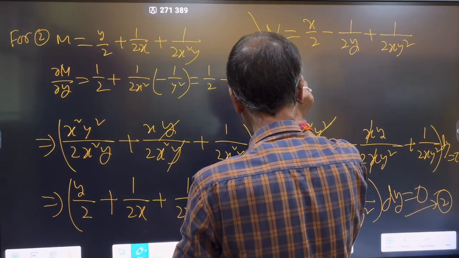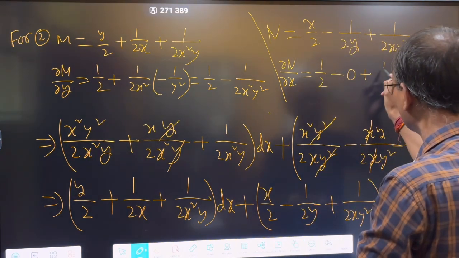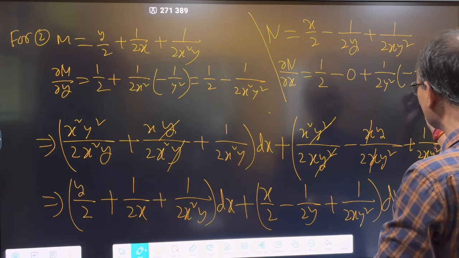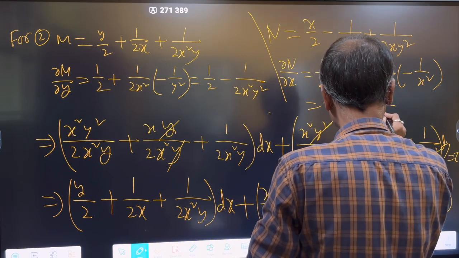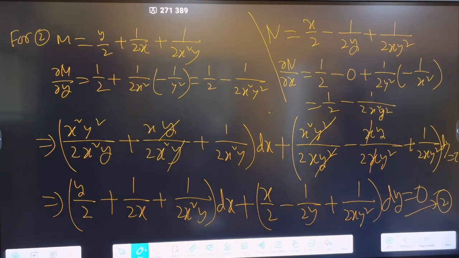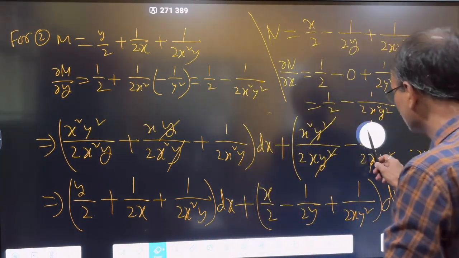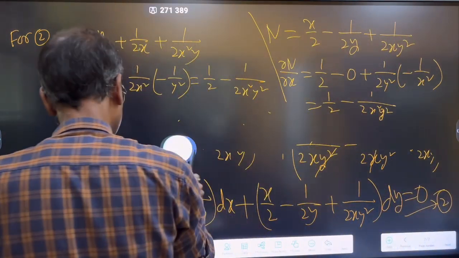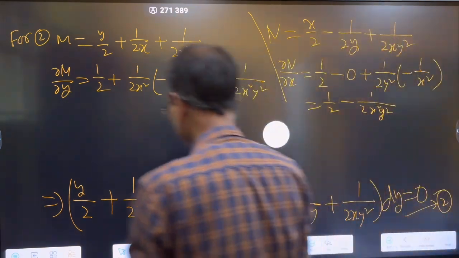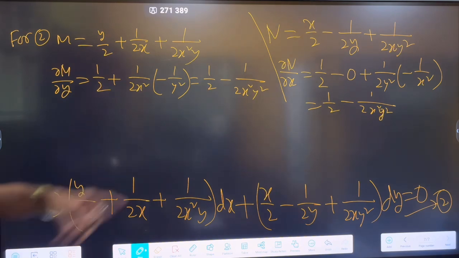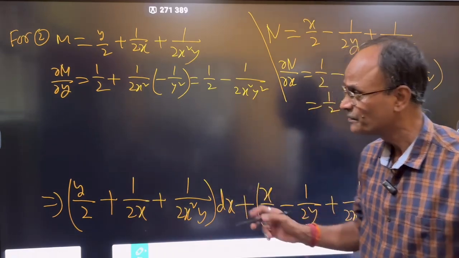Del N by del x equals 1 by 2 minus 1 by twice x square y square. Therefore, 2 is exact.